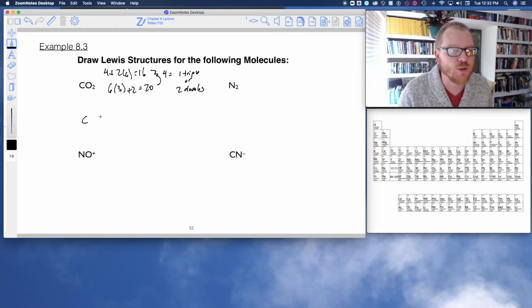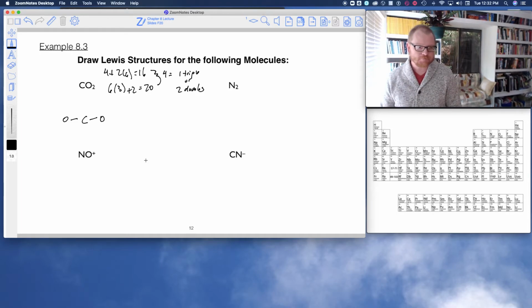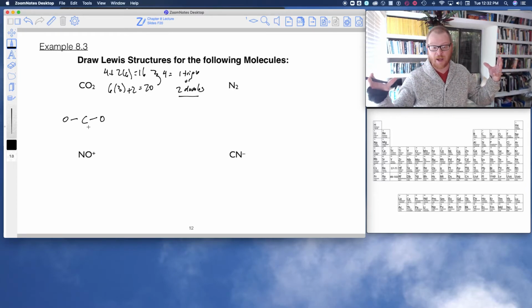I'm going to surround it with oxygens, and put a bond here and a bond here. Let's just stare at this thing for a minute. As you look at this, hopefully you can arrive at the conclusion that it's got to be 2 double bonds, because why would one of these be a triple and the other a single? That's contrary to what these atoms and molecules want to do. They want to spread themselves out where they can.